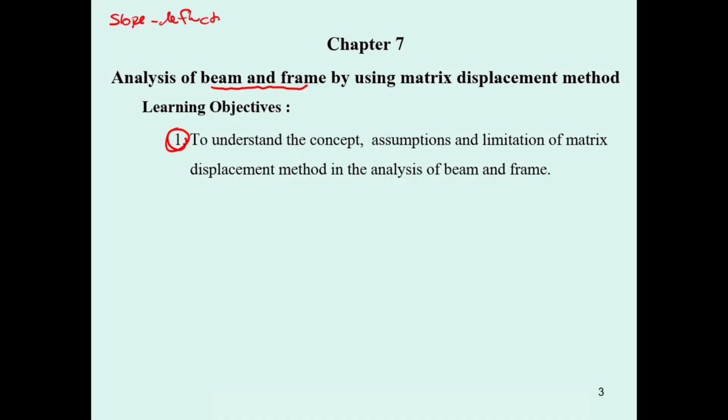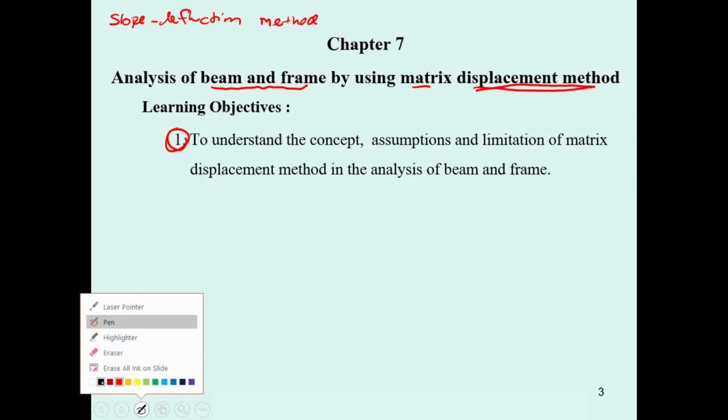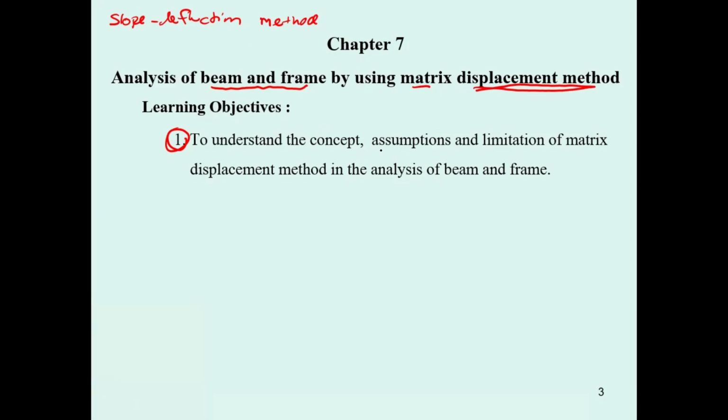The slope deflection method is also a displacement method. In that method, we use the slope and the deflection as the unknowns, and then we solve for them. During the method, we have to make some important assumptions.